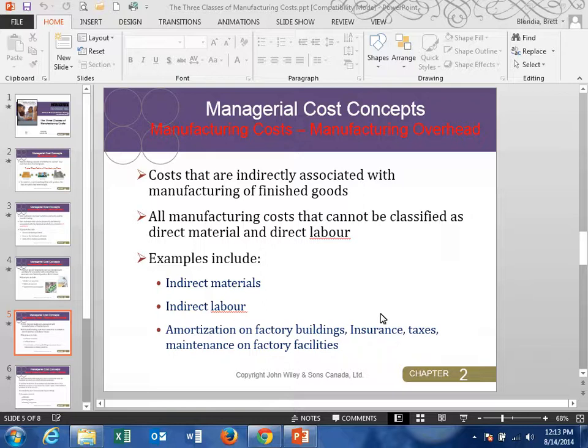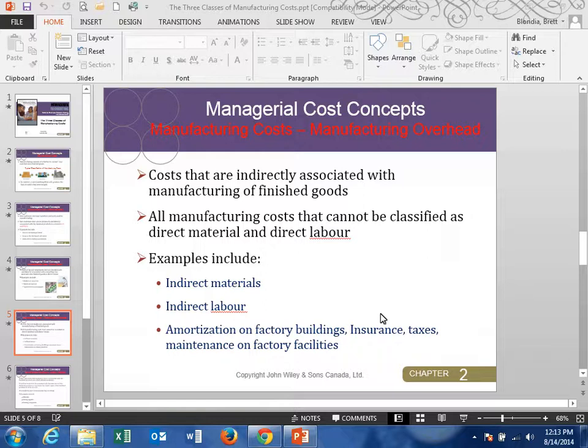a manufacturer that makes wooden tables and wooden chairs and desks and those sorts of things. Well, they're not going to have a tube of glue that's just primarily associated with just this one desk type. They're not going to have another tube of glue that's associated with making this chair and another tube of glue that's associated with making that table. What they'll have is just wood glue that they use for all of their products.